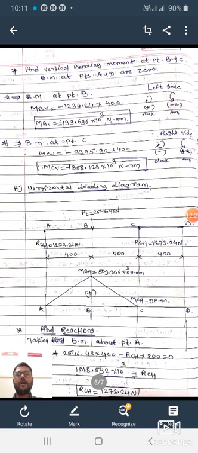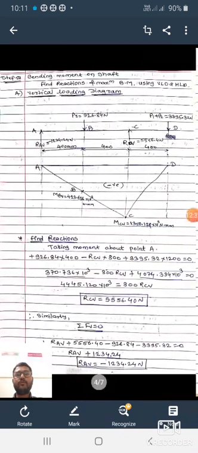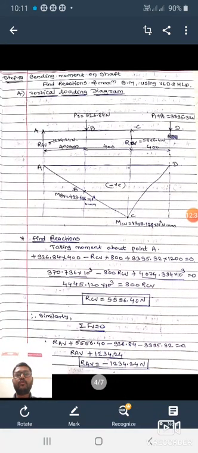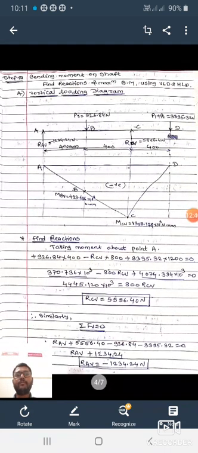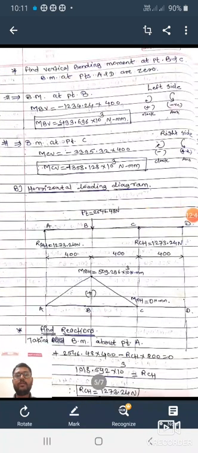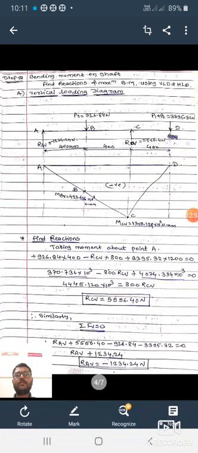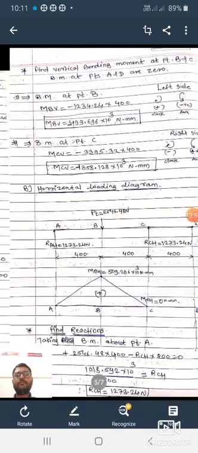And here there is a negative sign because the 1234.24 force is acting anticlockwise about point B, that's why it is taken as a minus sign. Then you have to consider the left side force to B.